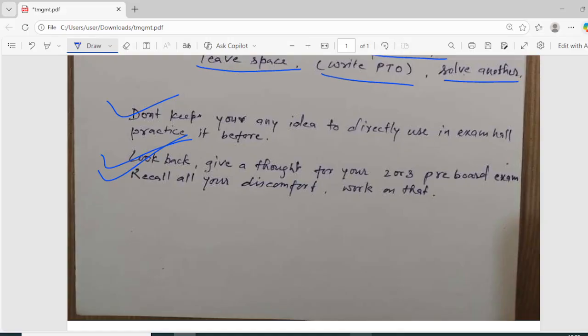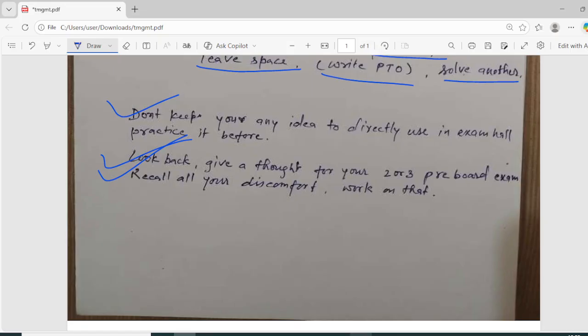If the question paper feels difficult or very easy, no need to be very happy or very sad about that. Be neutral. Whatever it will be for you, it's the same for every student. So be normal in all situations.